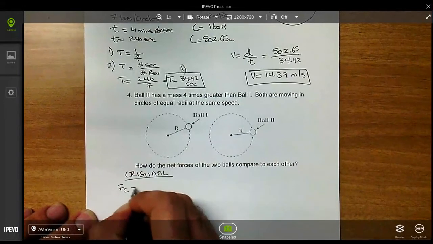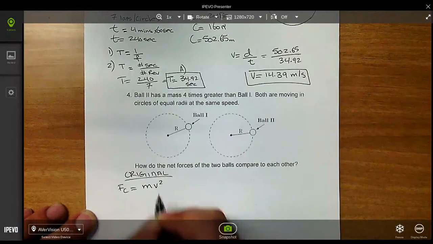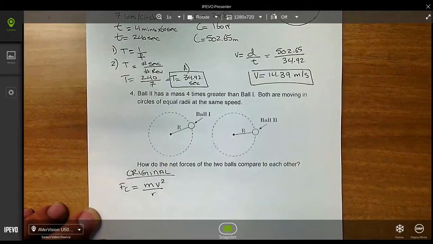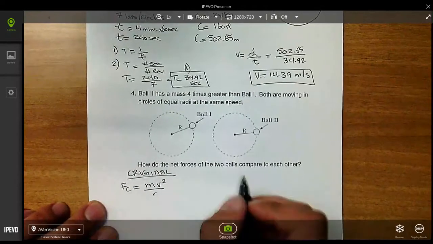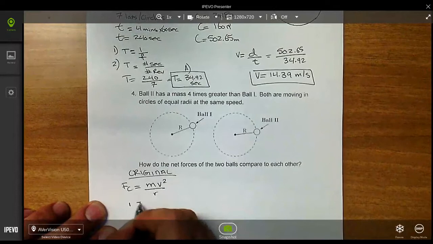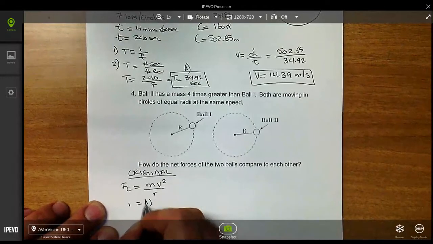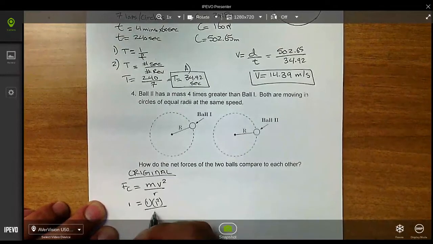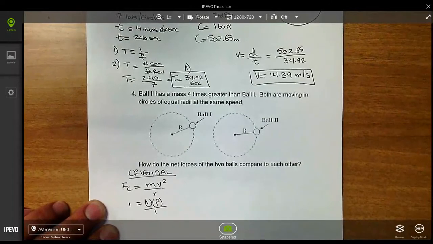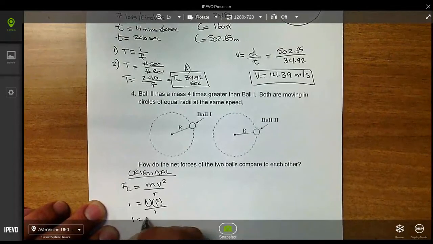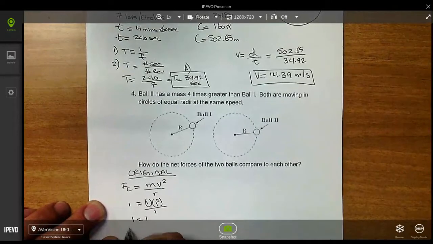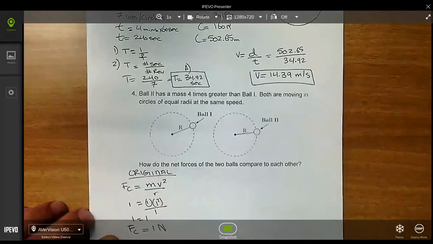So it's still Fc equals mass times velocity squared divided by r. For the first one, everything is equal to 1. So mass is 1, velocity is 1, and the radius is also 1. So we get that the original scenario, Fc, is equal to 1 newton.